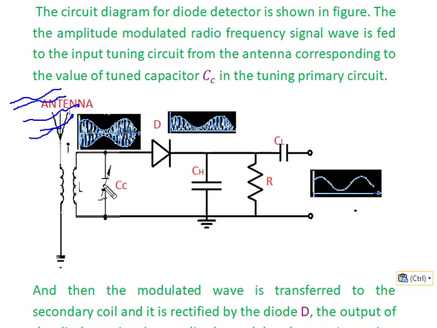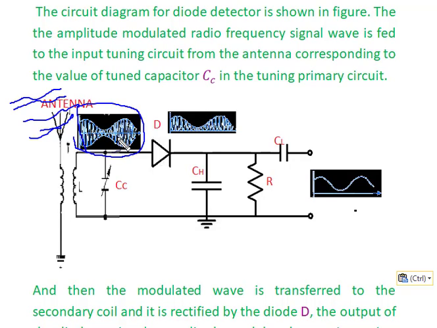The capacitor CC is tuned to a particular carrier frequency so that this antenna, this tank circuit, receives only the carrier frequency related to this value. It receives the amplitude modulated wave, which is transferred from the primary to the secondary of the transformer.